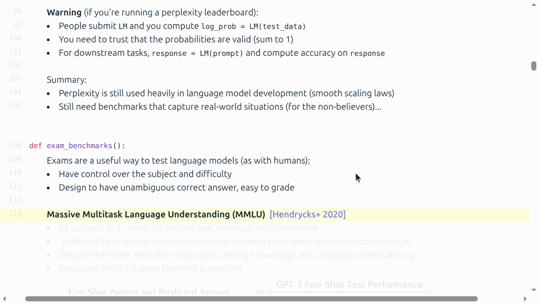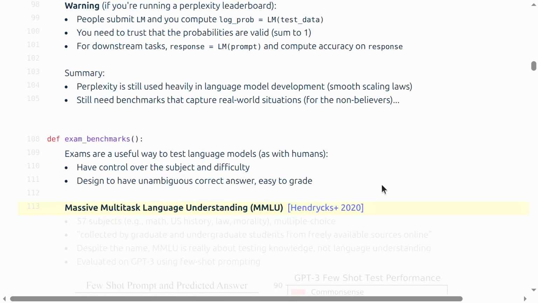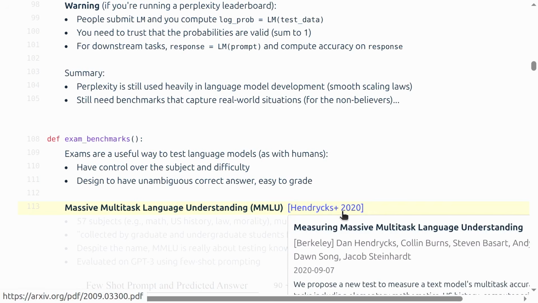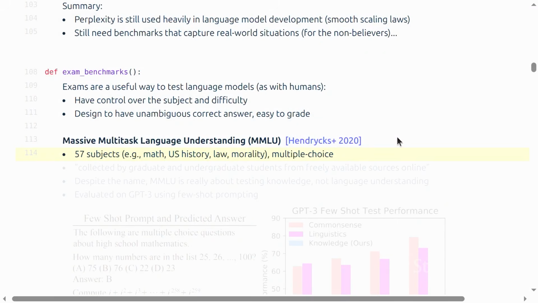Obviously there have been a lot of benchmarks, but I'll highlight some of the ones that I think have been influential in the development of language models. This one is MMLU, or Massive Multitask Language Understanding, from Hendrycks et al., 2020. At that time, it wasn't clear that language models were really general purpose task solvers. This was around the time when GPT-3 came out. Many people still thought of language models as just generating fluent English.